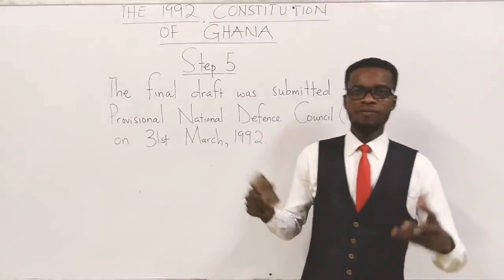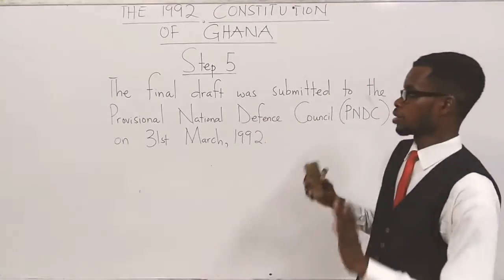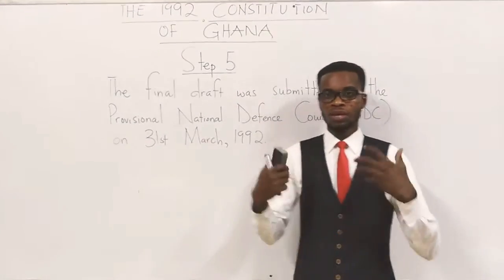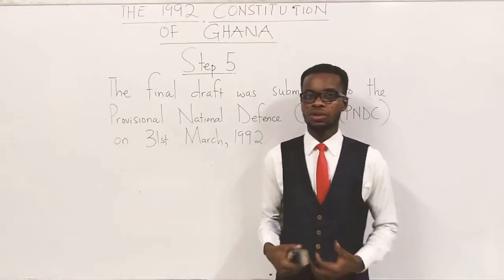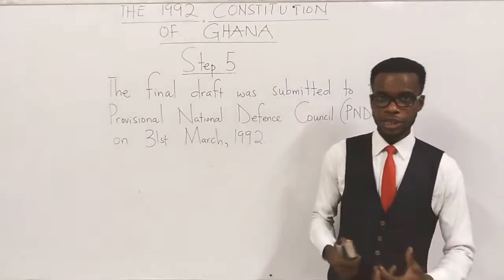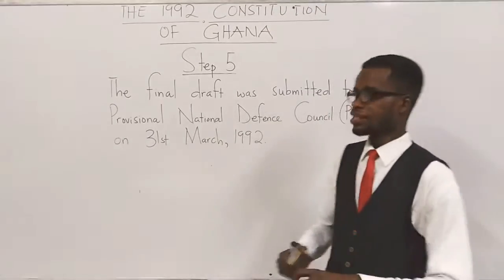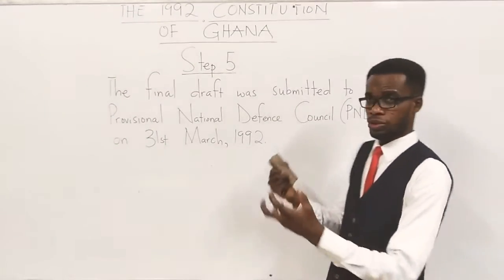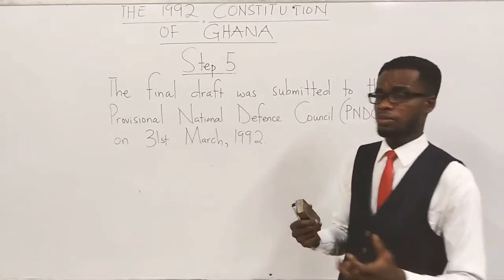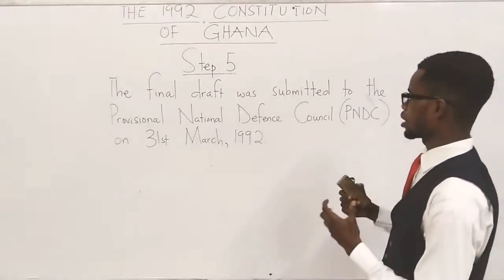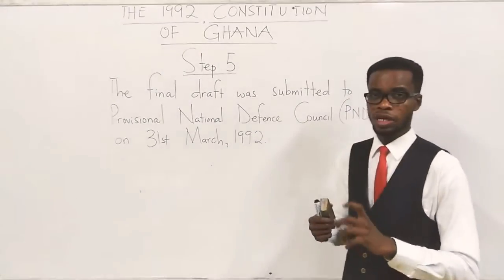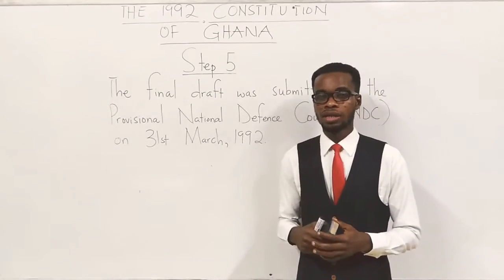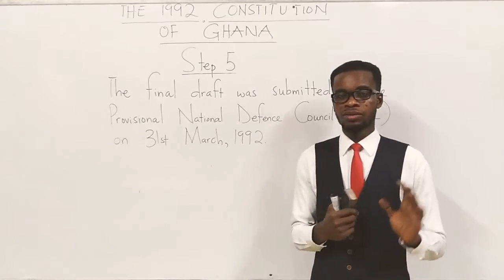Under step 5, something unique happened. Whoever has given you a task or a job to do, you have to get back and report that you are done with your work. After the public education, they need to go to the leader of the government, the chairman of the Provisional National Defense Council, PNDC, led by Chairman Rawlings, as we affectionately call him, Flight Lieutenant Jerry John Rawlings, the late.